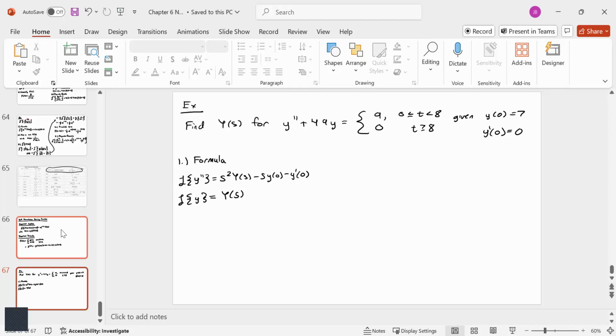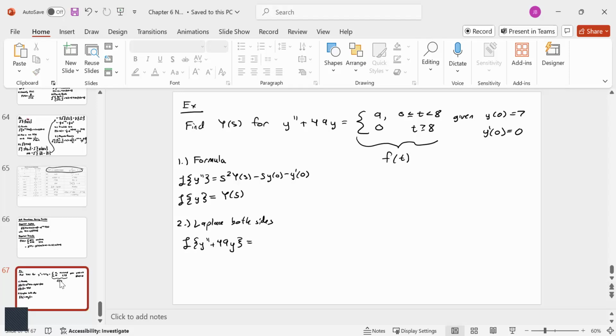I could write down the formula for step functions, but that's not something we really need to write down if we're not solely focusing on step functions. So then step 2 is going to be Laplace both sides. The Laplace transformation of y double prime plus 49y is equal to, so when you have a function like this, a lot of the time they might just call it f of t.